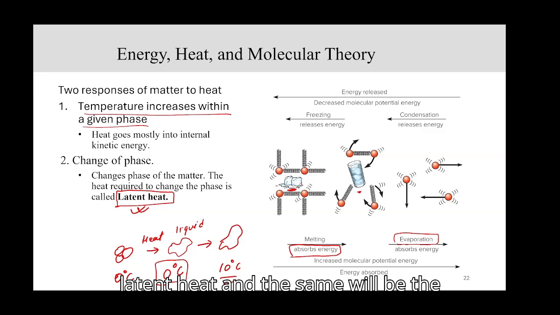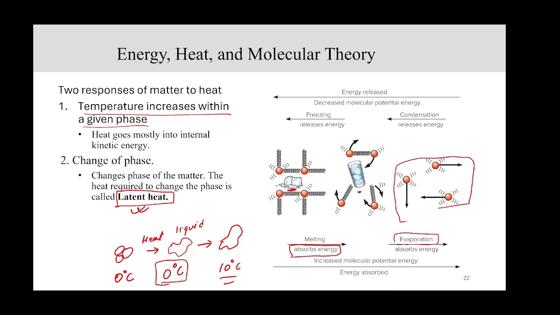And the same will be the case if there is a condensation of this water vapor to liquid. First, the latent heat will change the phase of this gas to liquid.